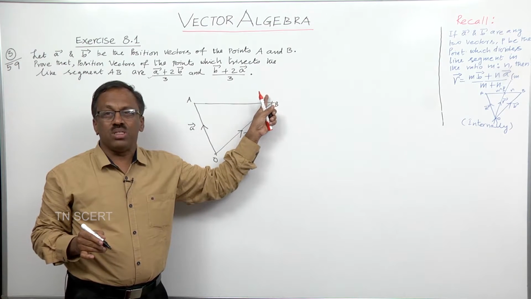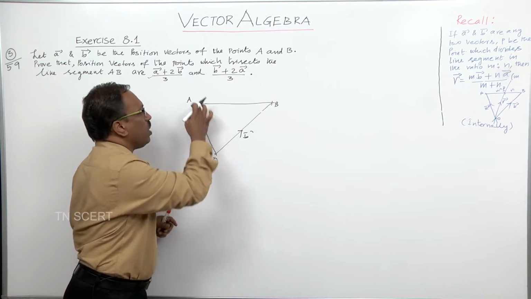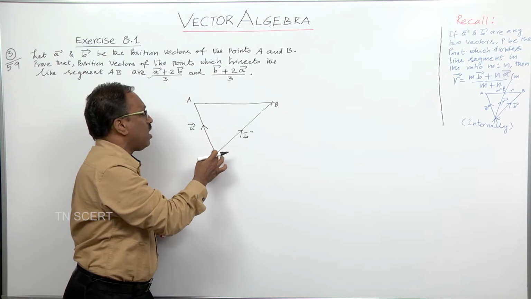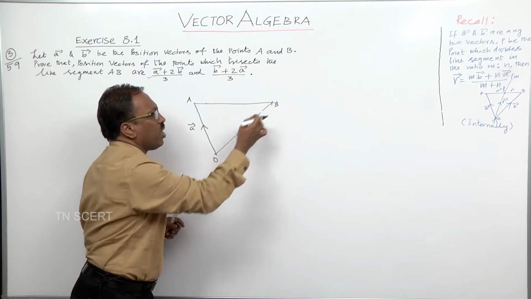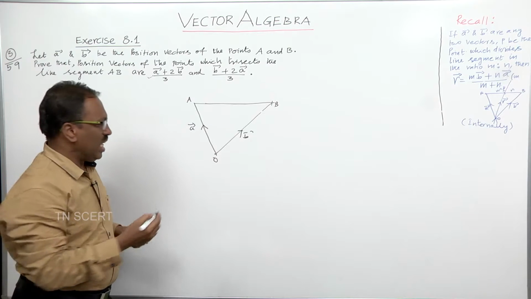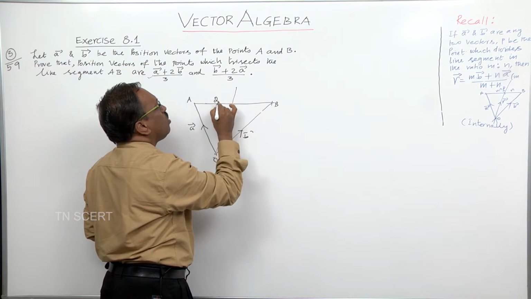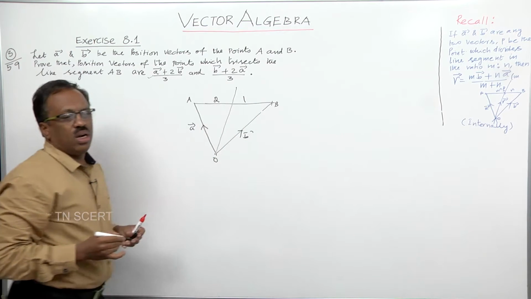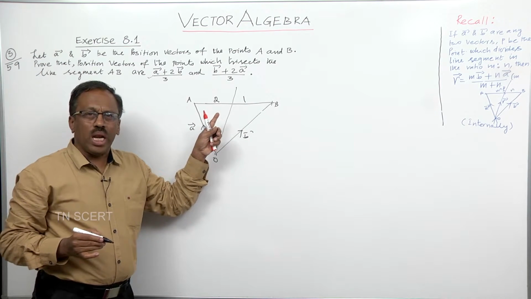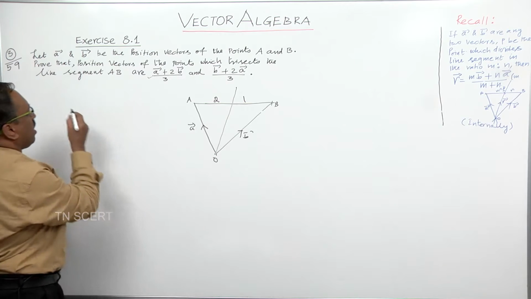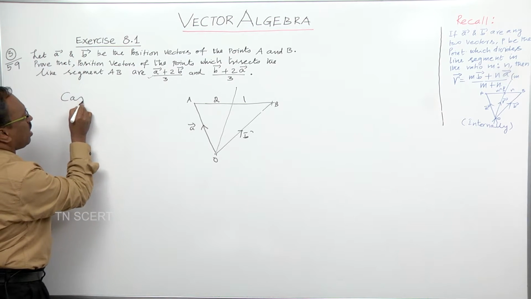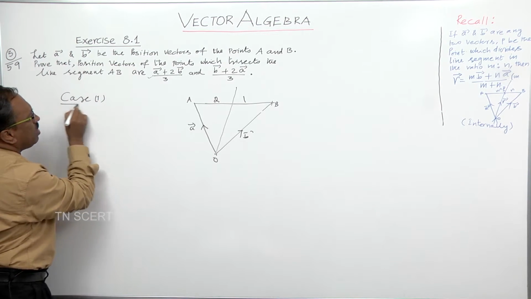This is a line segment, and the position vector of point O to A is A vector, and the position vector of point O to B is B vector. It divides this line segment in the ratio 2:1.